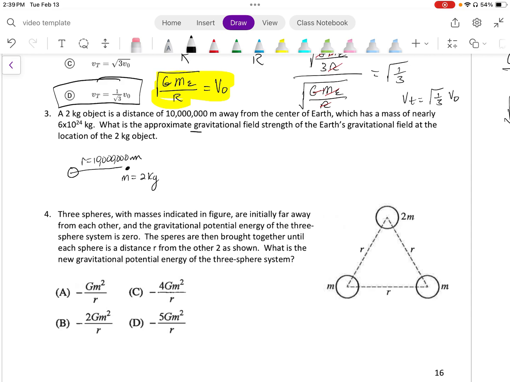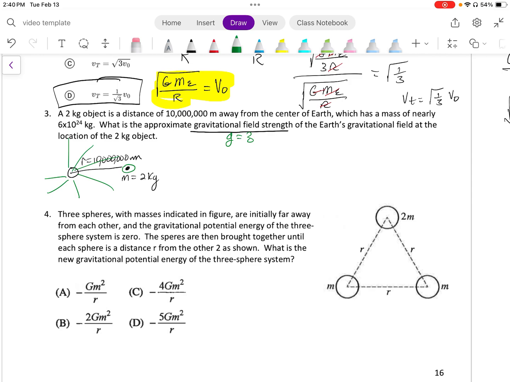What is the approximate gravitational field strength of the Earth's gravitational field at that location? Well, what am I asking for? g equals question mark.